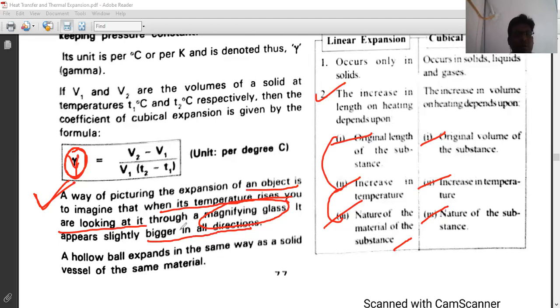It will show in all directions like length, breadth and height, right? Suppose this is a cube in which this is the length, this is the width and this is the height, in which all these three dimensions are increased a little bit. The next point is that a hollow ball expands in the same way as a solid one of the same material, right? So read once, then I will move further.